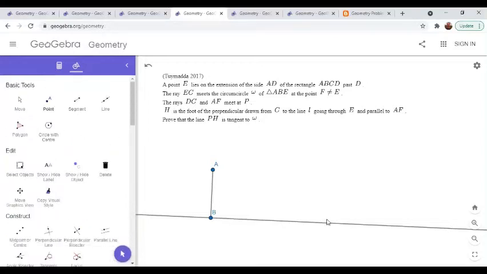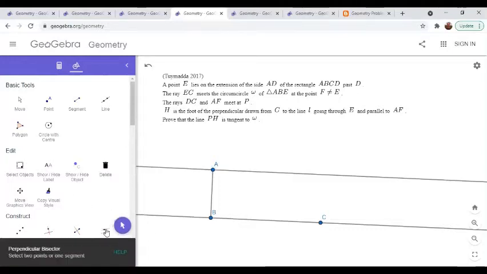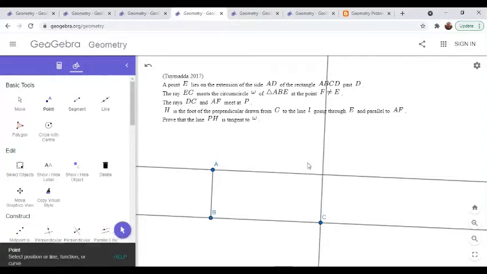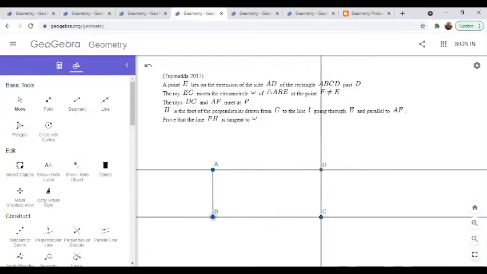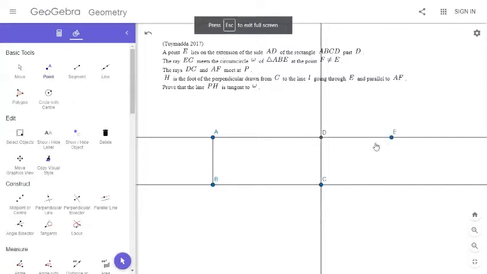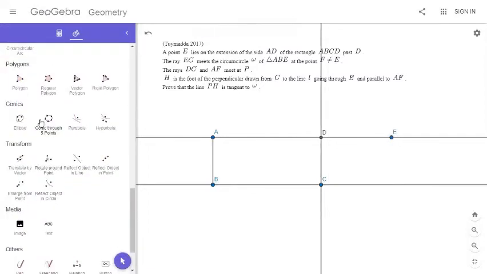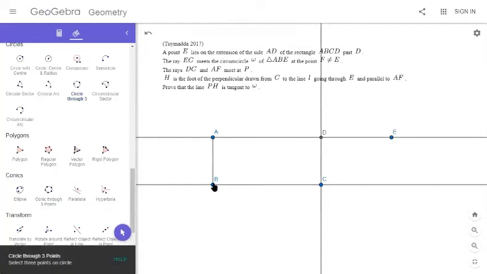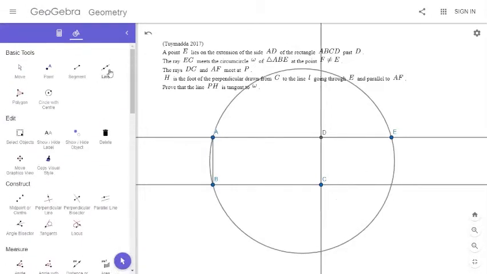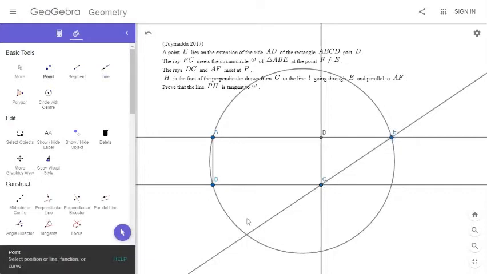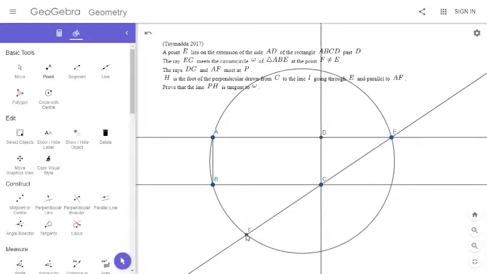So we have a rectangle ABCD, and a point E is on the extension of side AB, and EC, let's draw the circumcircle ABE, and we see where EC meets it at a point F. DC and AF meet at P.